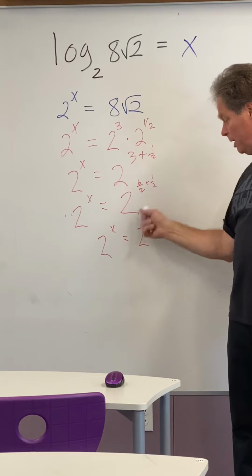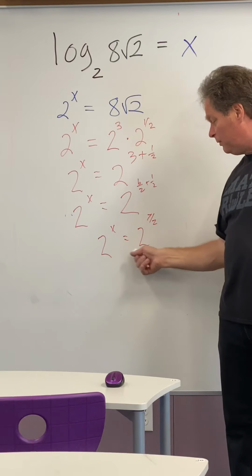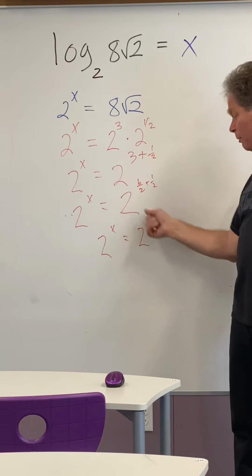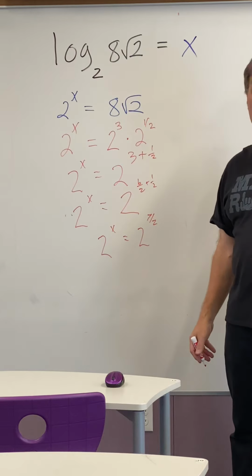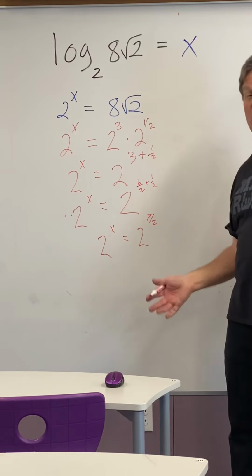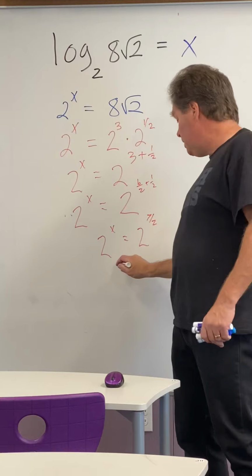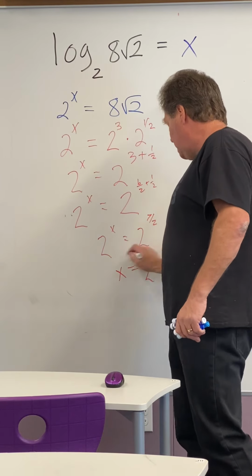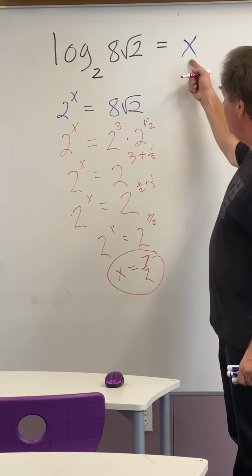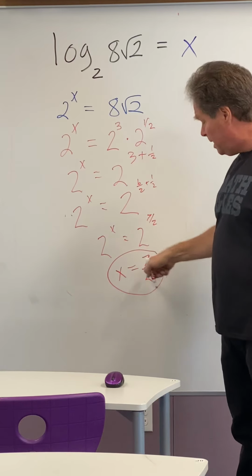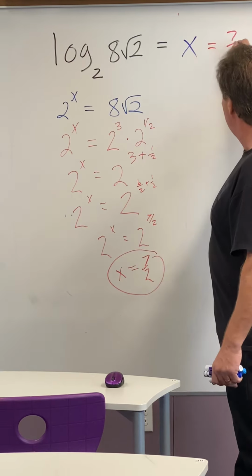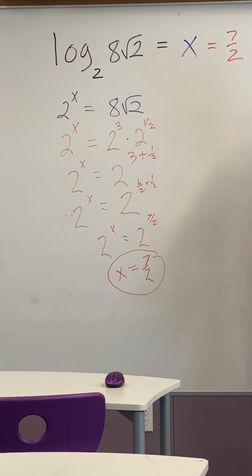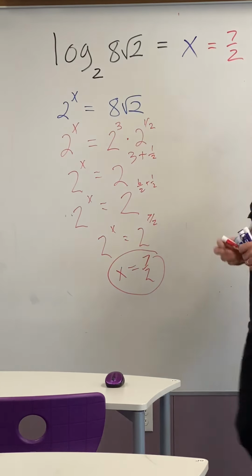The overall quantities are equal to each other. If the bases are equal and the overall quantities are equal, then the powers have to be equal. So you can throw away the bases and just set the powers equal to each other. x equals 7/2. And guess what? We called it x. When we find x, we found the answer. It's going to be 7/2. That's how that problem works.